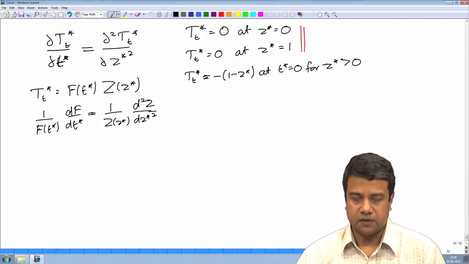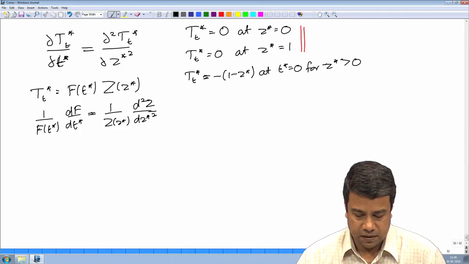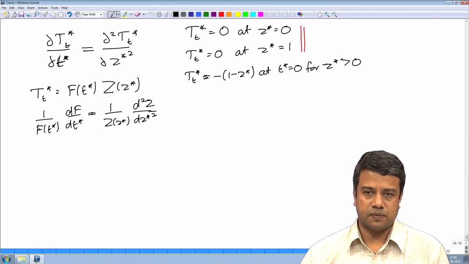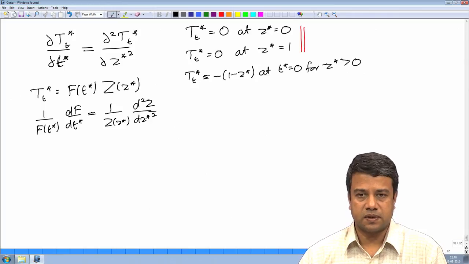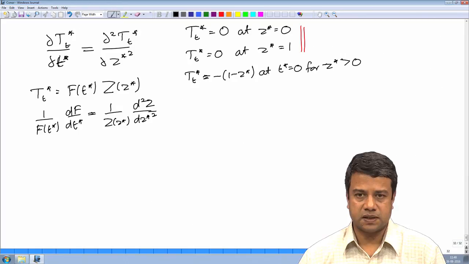I had also showed you last time that when the constant is positive, the function Z admits only trivial solutions. If you write it as an exponential function, exponentially growing and decaying, both of those constants in that equation are identically equal to 0, and you just get a trivial solution, capital Z equal to 0.